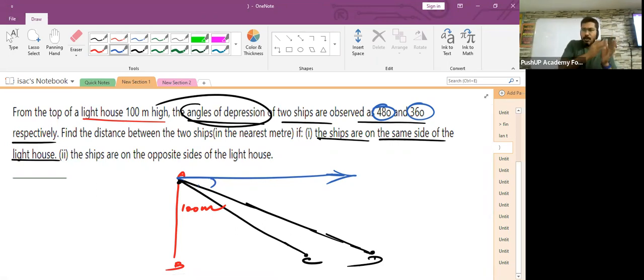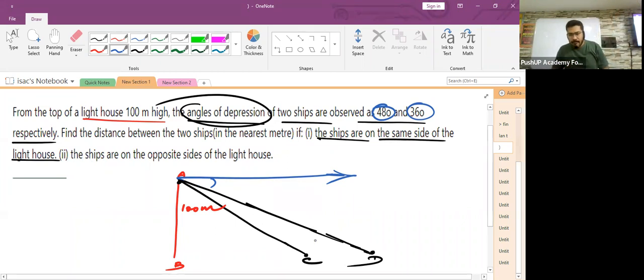Children, more the distance of the ship from the lighthouse, lesser will be the angle of elevation or angle of depression. Isn't it? You are moving away from the lighthouse, the angle of depression or the angle of elevation will go on decreasing. Isn't it? The closer you are to the lighthouse, the more will be the angle of depression or angle of elevation.